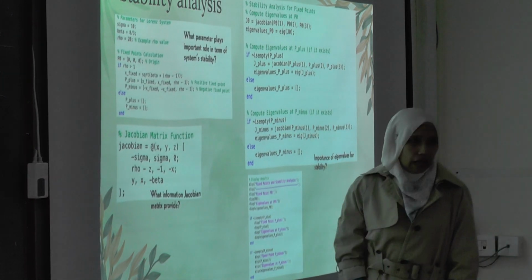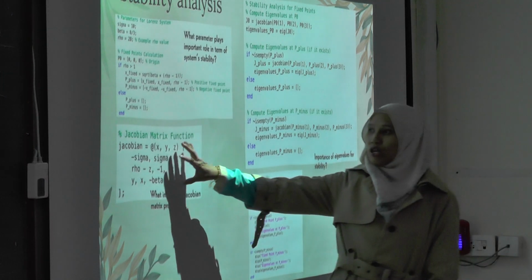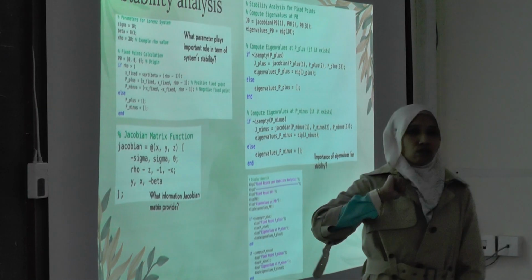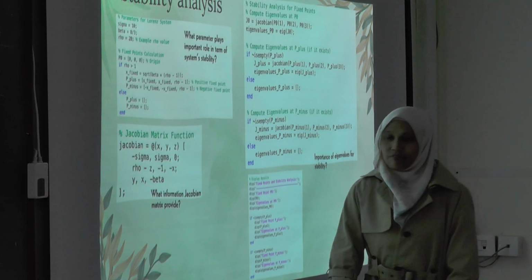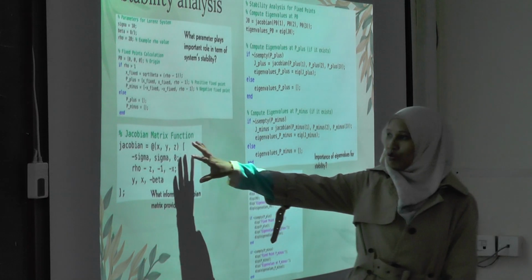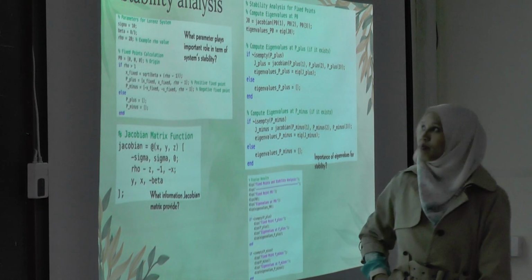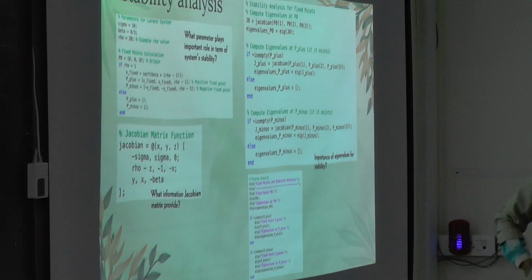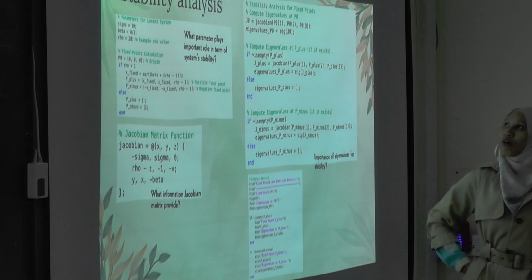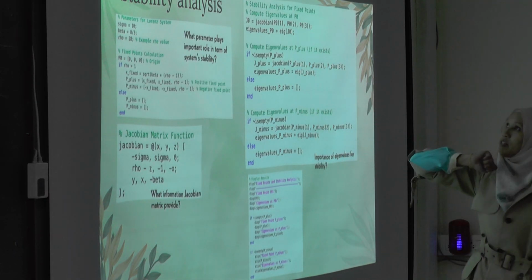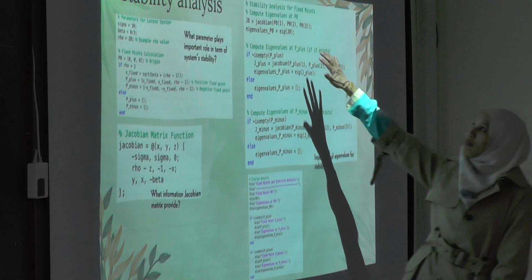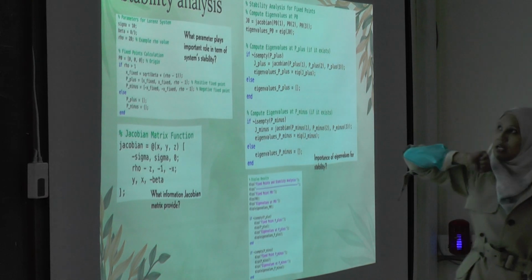And then the second important thing is your Jacobian matrix. This one is the partial derivatives of x, y, z, and you also have to input this one. Okay, and then for eigenvalues, you want to check the fixed point. This one is for the first fixed point.